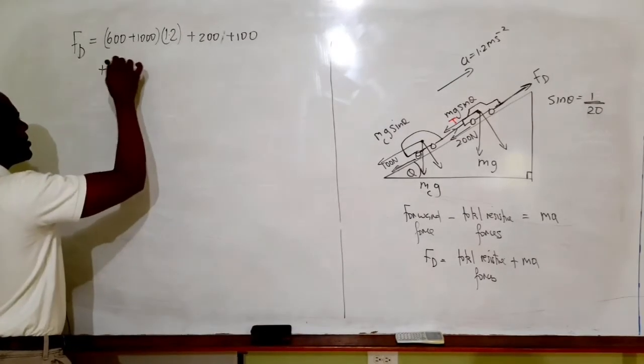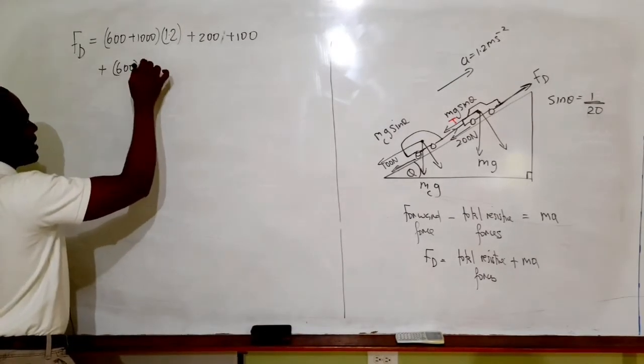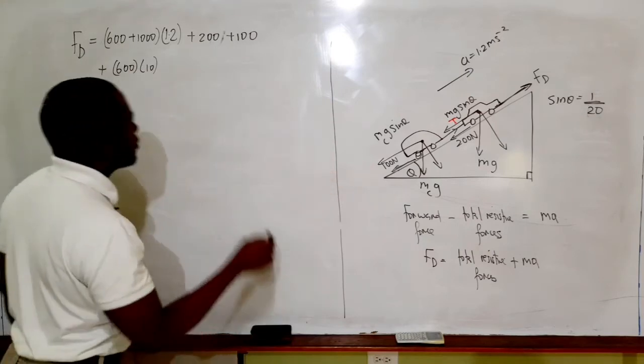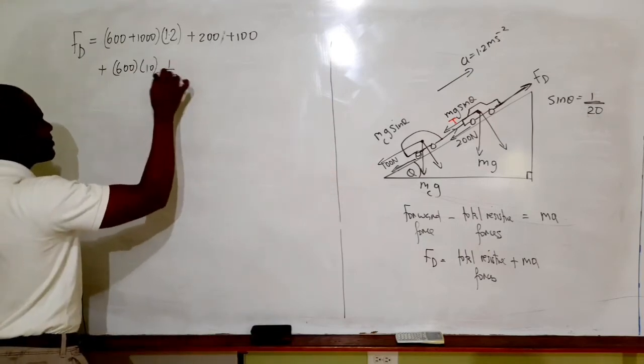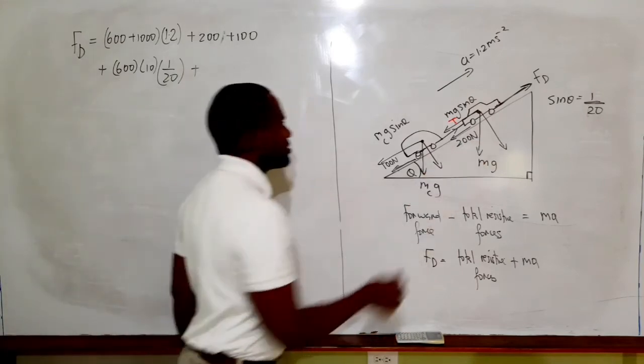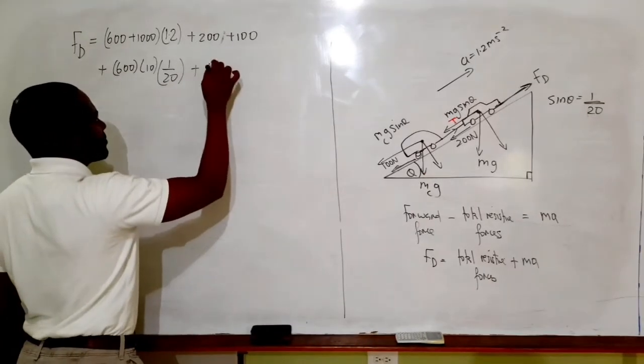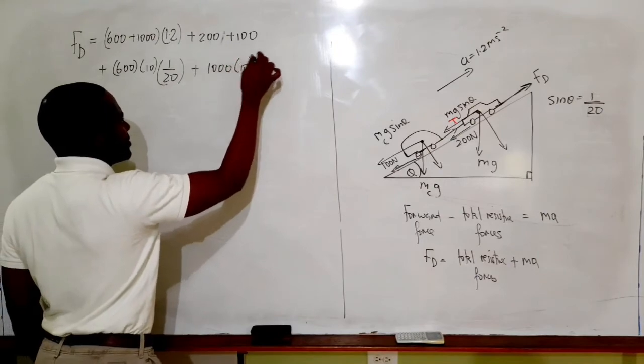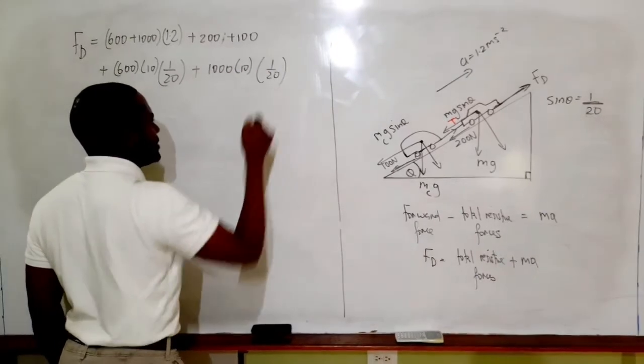This is plus 600 times 10 times 1 over 20. And then for the car, it would be 1,000 times 10 times 1 over 20.